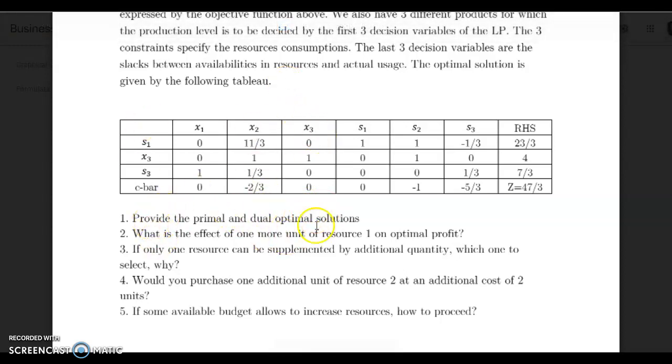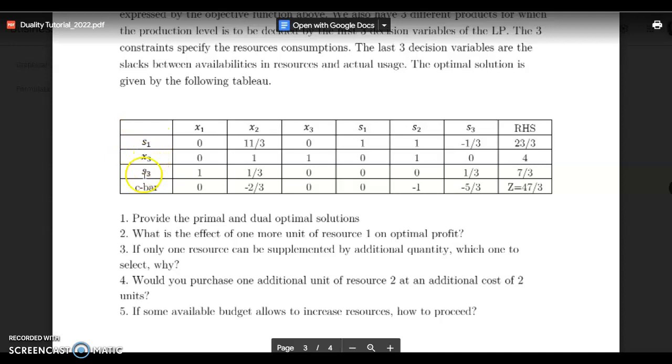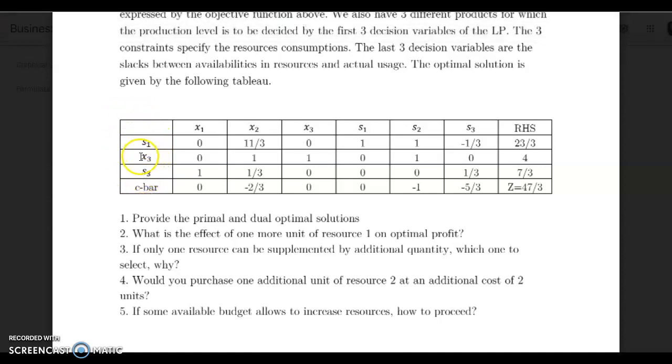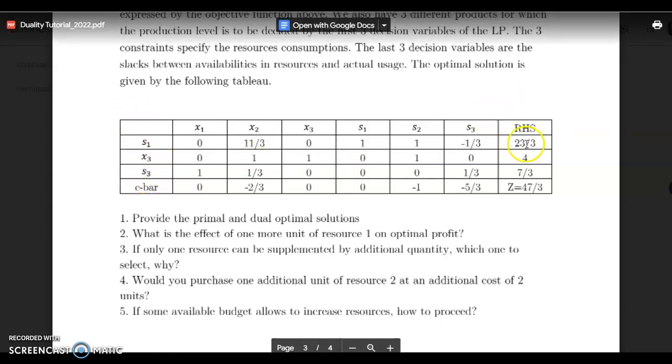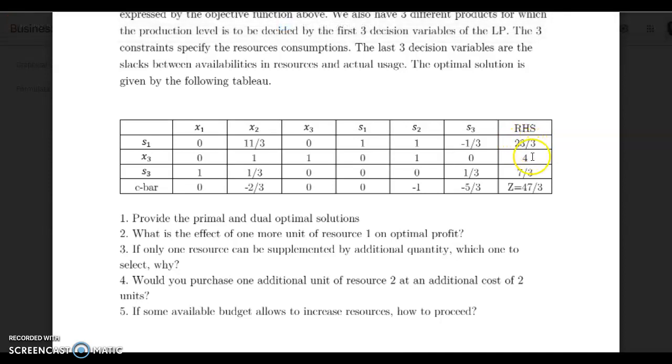To provide the primal solutions, we look for the basic variables and bases. S1 is equal to 23 over 3, x3 equals 4, s3 equals 7 over 3, and the rest of the variables, x1 and x2, are equal to 0. Z is equal to 47 over 3.